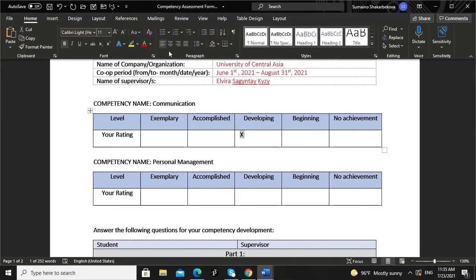Maybe I'm in process of developing it. And then in personal management, I might choose accomplished, which means that I already have experienced this competency skill in one area and I have reached my goals in that area, but I want to improve it further. So like this, you will complete your competency name with your rating levels.